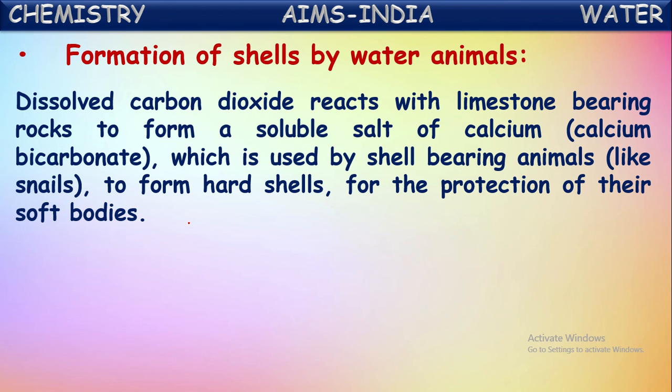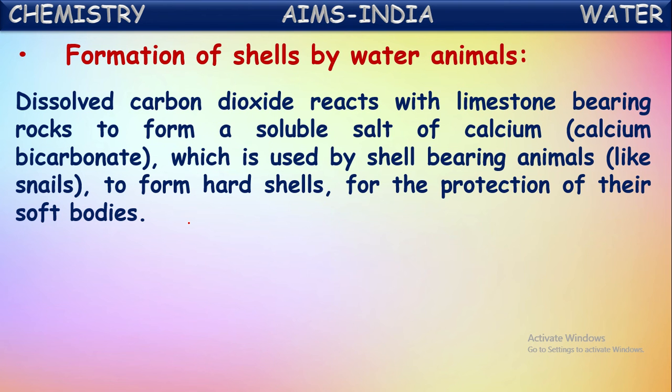So in this way, these shell-bearing animals make hard shells on their body to protect from their enemies by taking this calcium bicarbonate. From where is this calcium bicarbonate formed? From the limestone or limestone bearing rocks.